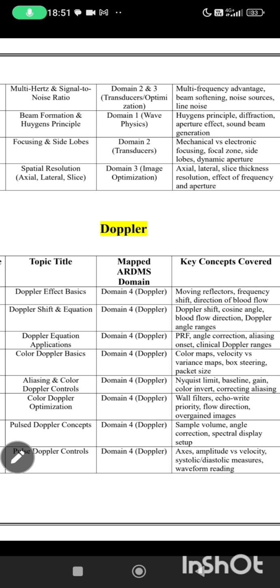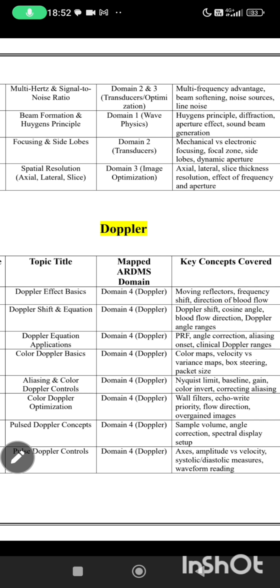When the packet size is high, how does it impact the frame rate and velocity estimation, and when packet size is low, how does it affect frame rate and velocity estimation?